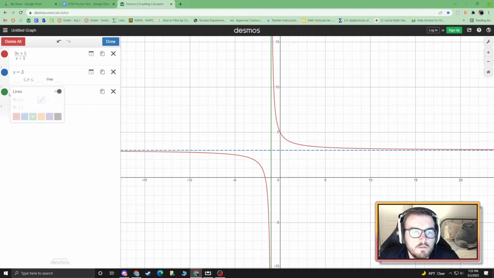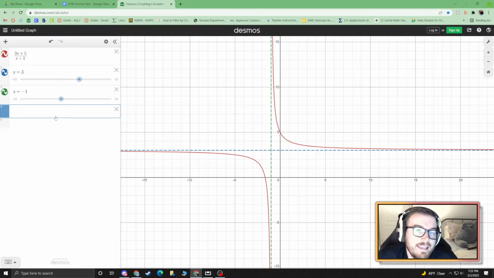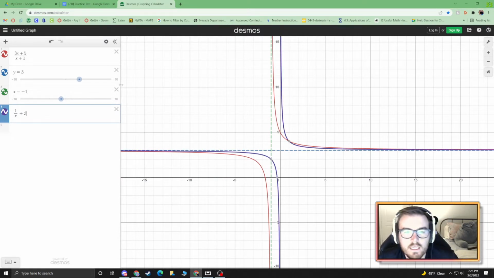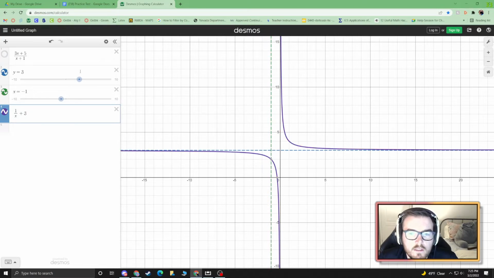With that being said, if I rewrite this function with a, h, and k, my horizontal asymptote is affected by the k value. So if I type 3 here, you can see this purple function has a horizontal asymptote at 3.